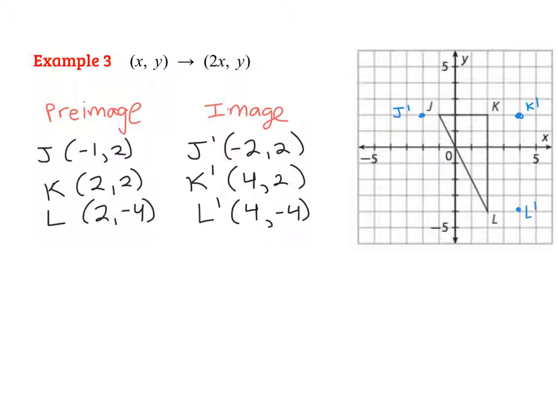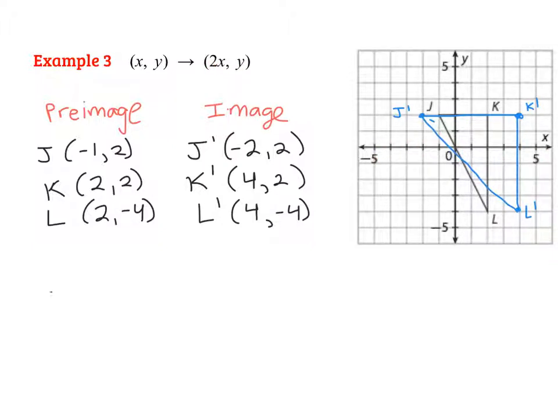So if you look, something like this. You can see that our triangle has kind of stretched out. It doesn't go any higher or lower because we haven't changed the y value, but you'll notice that it's stretched out side to side.